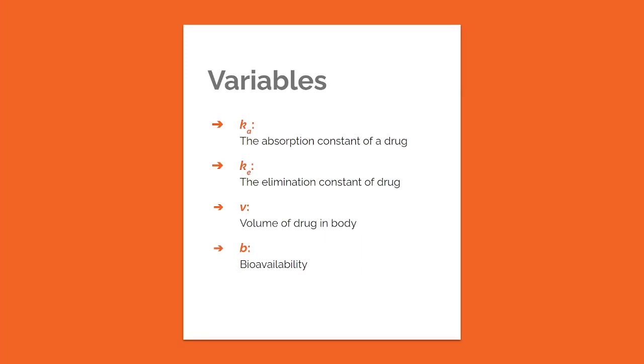Along with the first variables, we will also consider these variables: Ka, the absorption constant of a drug; Ke, the elimination constant of a drug; V, the volume of a drug in the body; B, bioavailability. And keep in mind, bioavailability is the amount of drug already absorbed divided by the total amount of drug that is available.